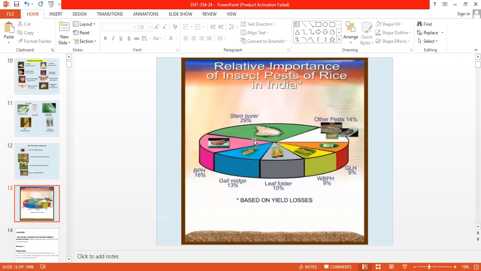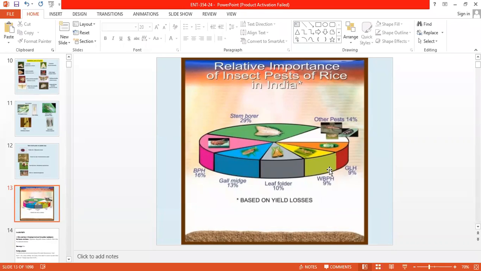Next is the contribution of the various insect pests as well as non-insect pests to the losses in rice. The major contribution is 29% from stem borer, then 16% yield loss due to brown planthopper, then 14% yield loss in paddy due to non-insect or other pests, then 13% due to gallmidge or gallfly, then 10% due to leaf folder, then 9% due to white-backed planthopper, and 9% due to green leafhopper.